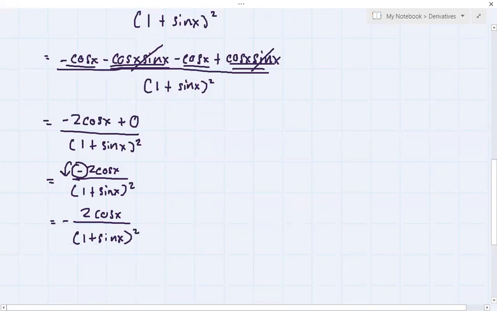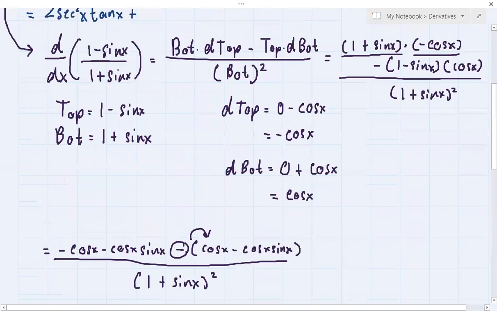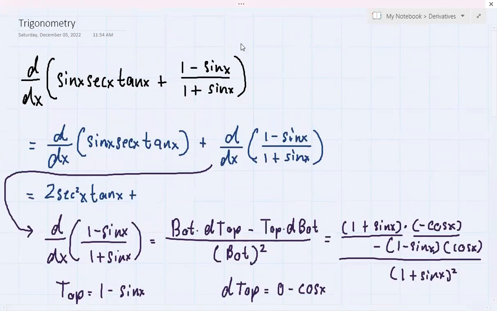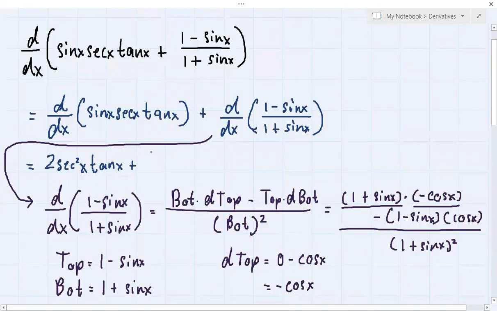That's our answer. I'm going to stop right there because I believe this is already the answer.